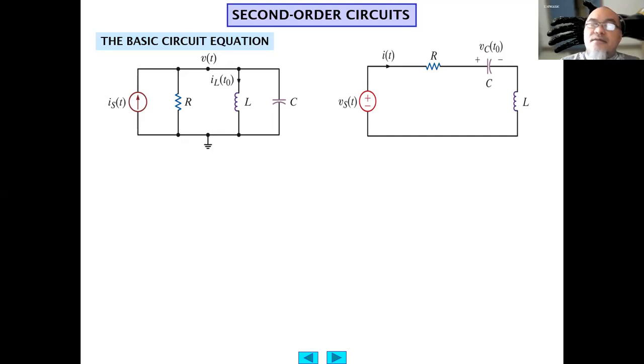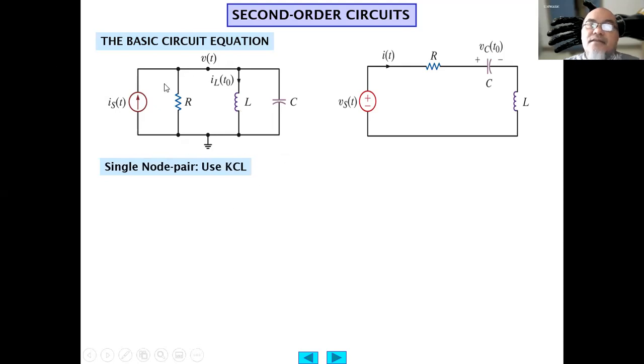In the second example, on the right side, we have a voltage source Vs connected in series with a resistor, capacitor, and inductor, which means that all four have the same current flowing through them.